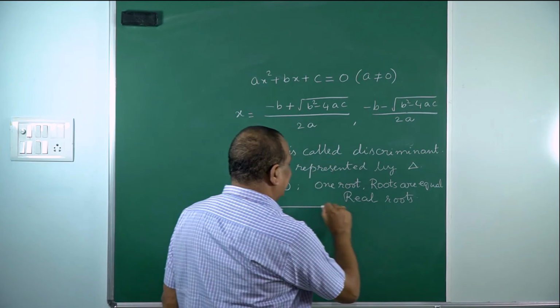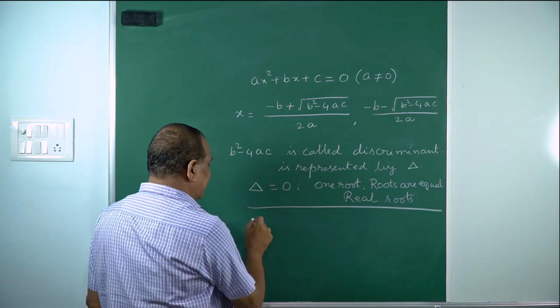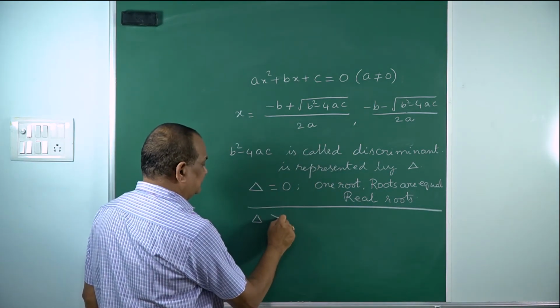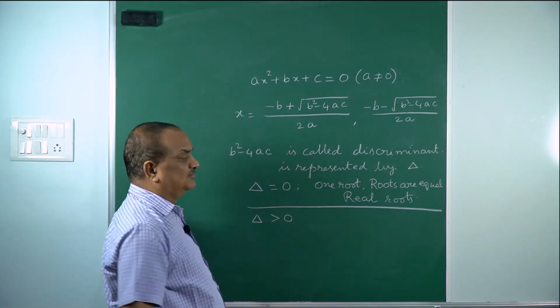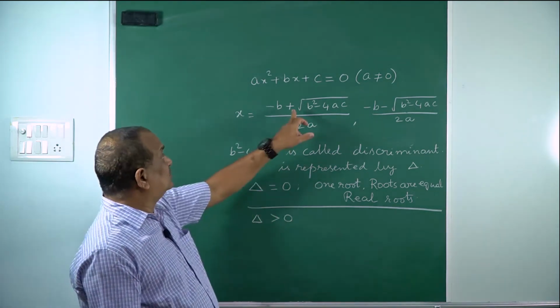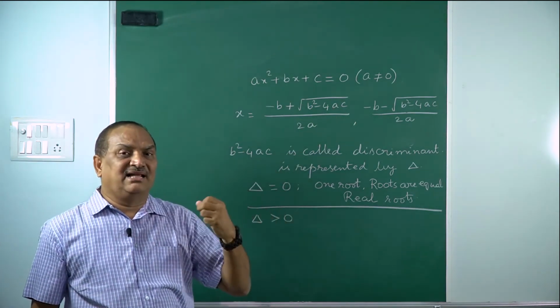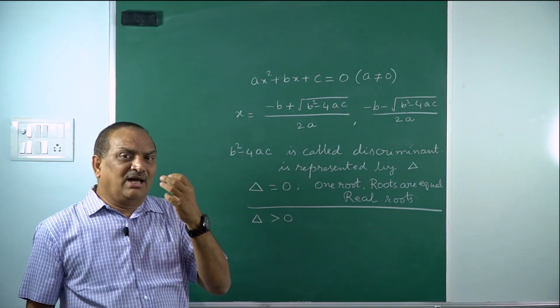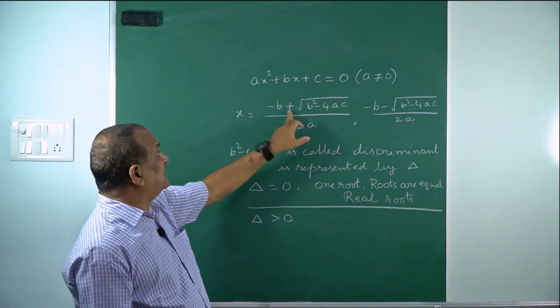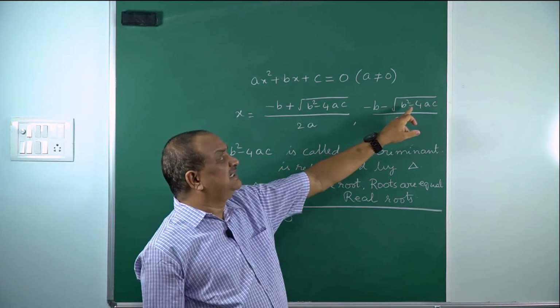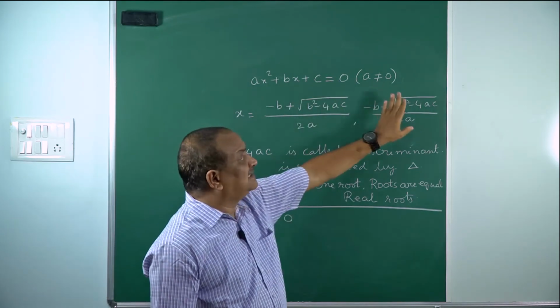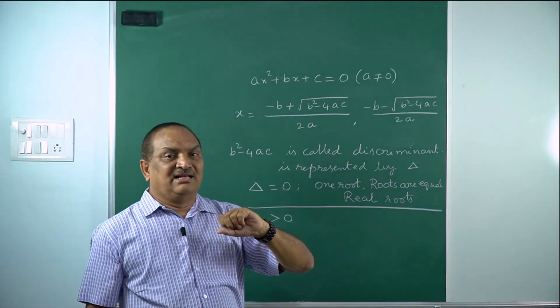Now let me take, say, if this delta is positive, so root over a positive integer inside, then you have two roots, because plus something is different and minus something is different. So this root and this root differ.